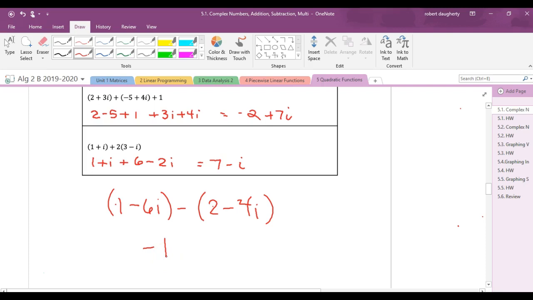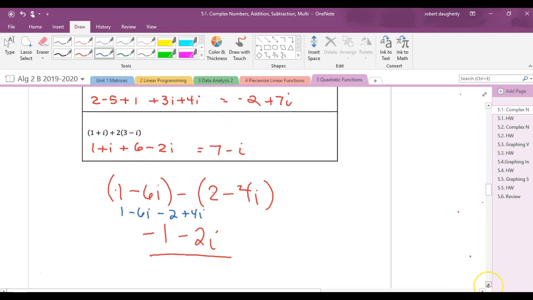That's negative 1. What is minus 6i minus negative 4i? Minus 2i. And that's it. So negative 1 minus 2i. If you have trouble seeing that, you can just distribute. This is 1 minus 6i minus 2 plus 4i, and then you'll see that this is negative 1 minus 2i. Okay, so pretty straightforward.